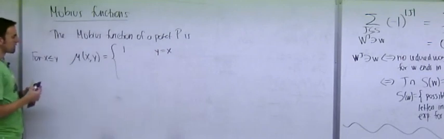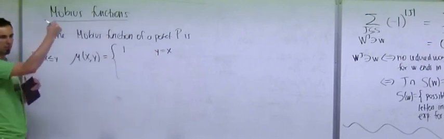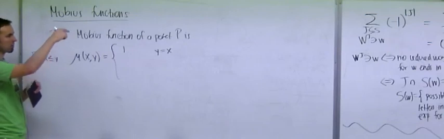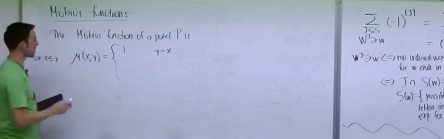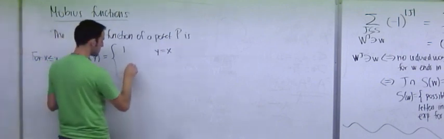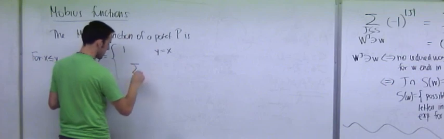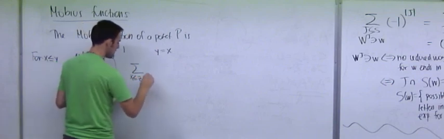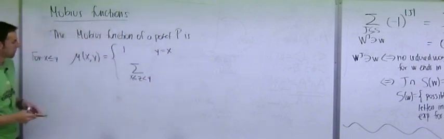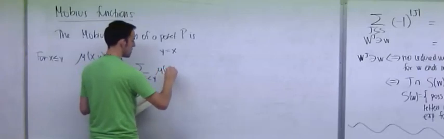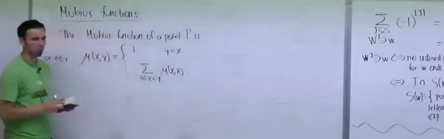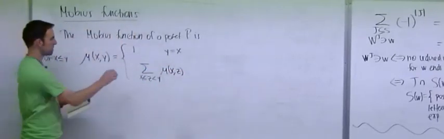And if y is not equal to x, then it's bigger than x, and what you're going to do is look at everything between x and y, add up all the Möbius numbers mu of x comma z, and make a negative sign.